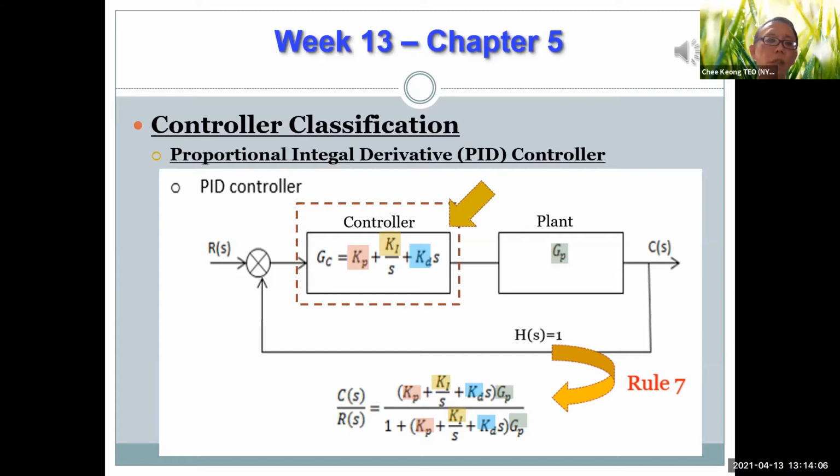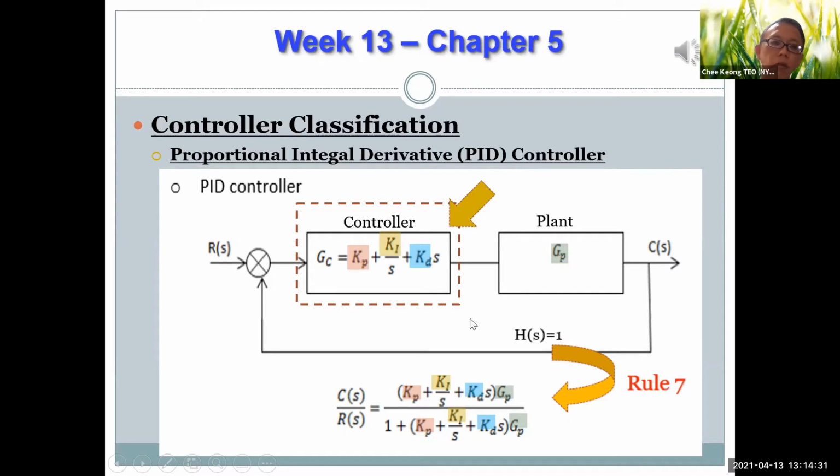Okay, so of course the most complicated controller that you can have will be the PID, with all the components included, meaning that to the P here, you include the Ki over S and a KD. So by including everything, your new G will be more complicated. And basically, you can write your G over 1 plus GH here using rule 7 of block diagram manipulation.